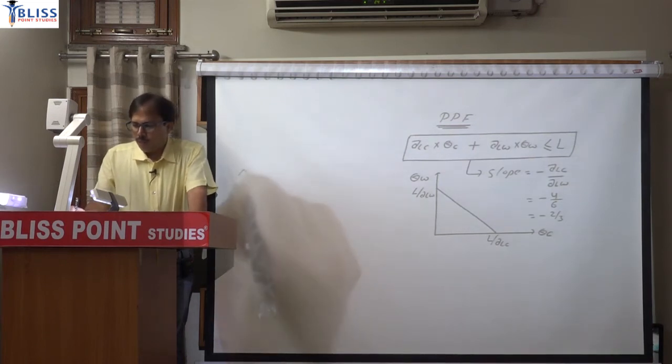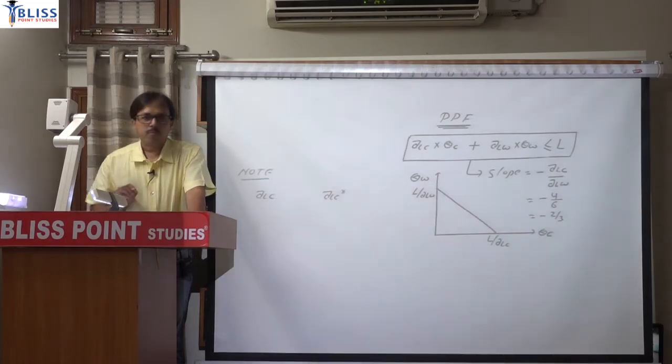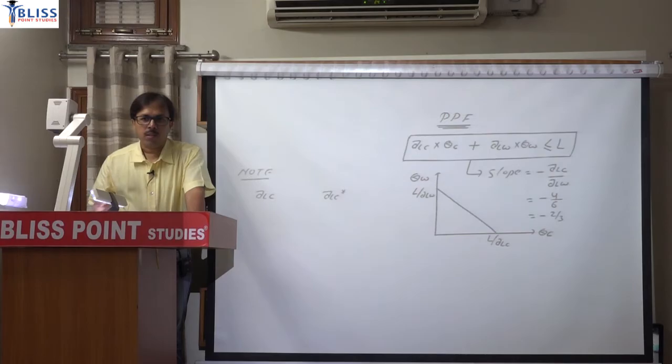Okay, you can note one important difference here. You are not comparing just ALC with ALC star. You are not directly comparing this number with this number to determine in which country cheese will be produced. In fact, we are comparing opportunity cost, and opportunity cost is ALC upon ALW.